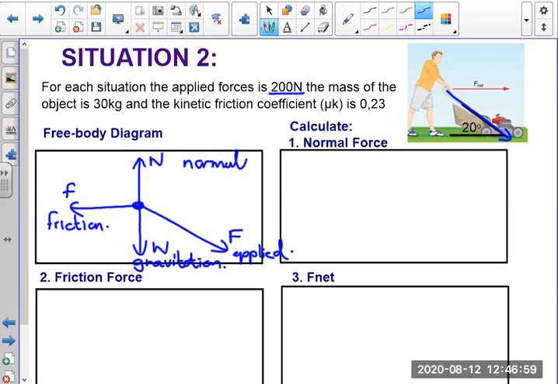Okay. Now the normal force. When we work out the normal force, remember in the previous one, we only had two vertical forces, a normal force and a weight. So for that one, it was easy to say that the normal force is equal to the weight of the object.